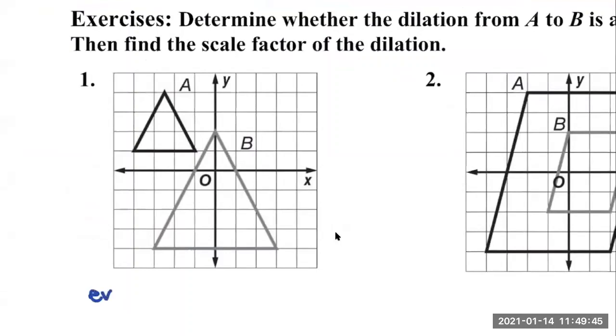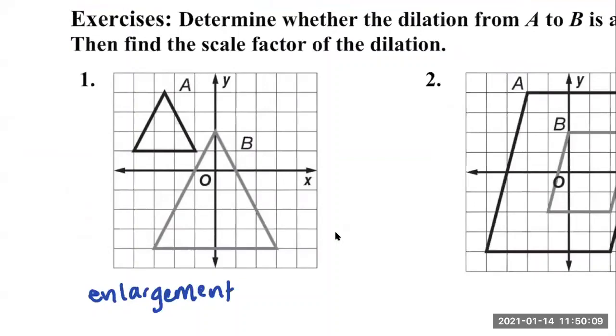So we're going to say enlargement, and then they're going to ask you guys, well, what is the scale factor? I would encourage you guys to find the side that, and when I say scale factor and we're talking about dilations, if you guys can provide a numeric, like a number, instead of it being a ratio 1 to 2, we're going to express it as either a number between 0 and 1 or greater than 1.